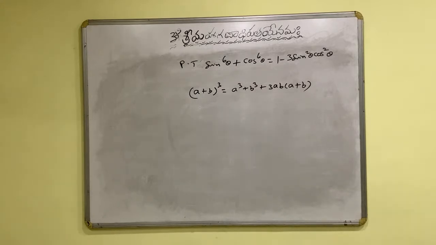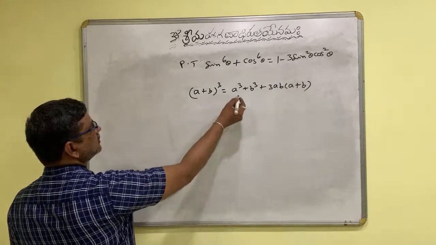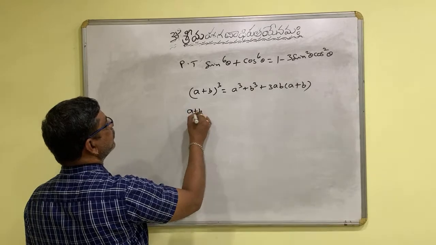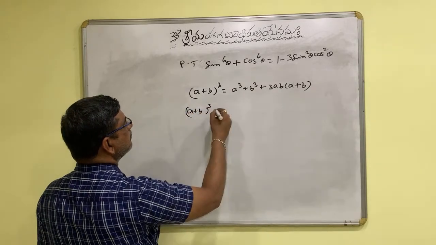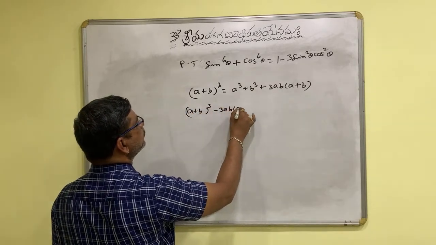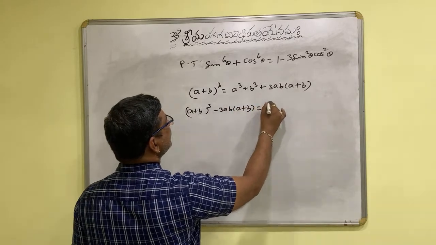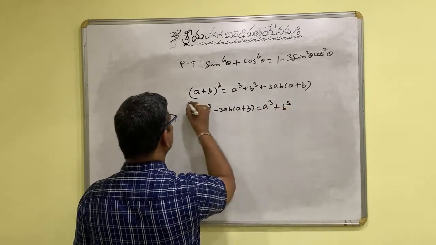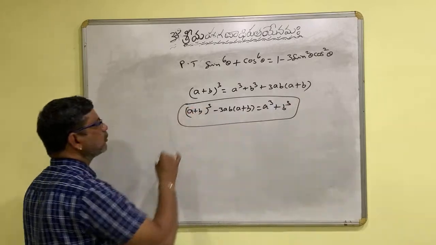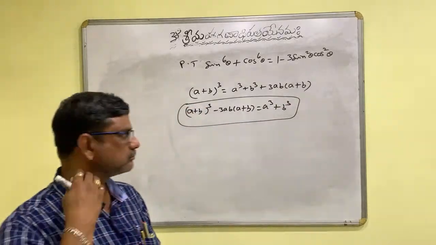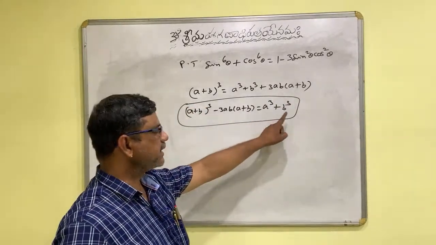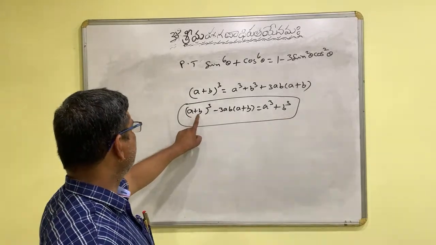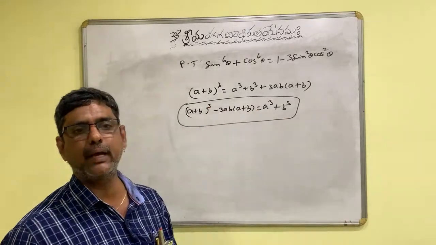No problem. Good. Okay. Now, see this. A plus b whole cube minus 3ab into a plus b is equal to a cube plus b cube. This is what I am going to use now.